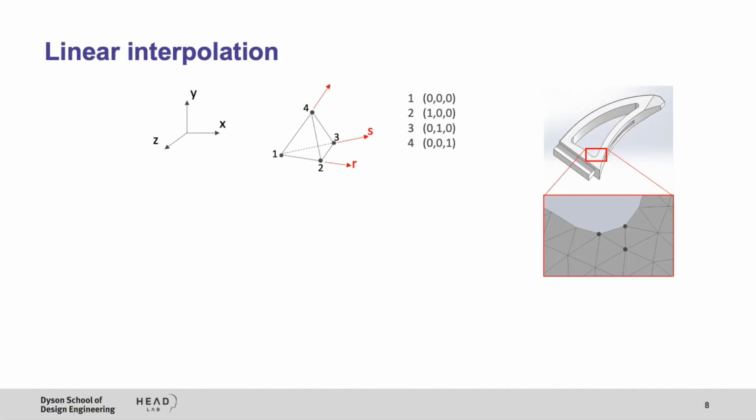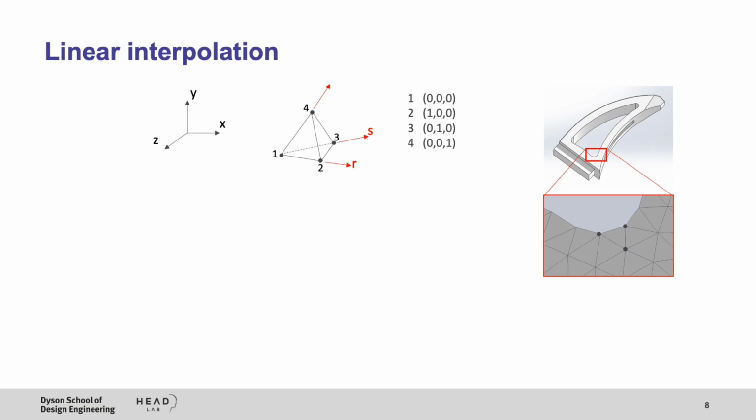The coordinates of every point inside an element can be determined by using the coordinates of the nodes and what we call the shape functions. You have seen the concept of shape function before in relation to beam elements.